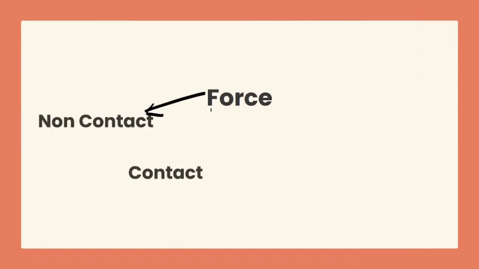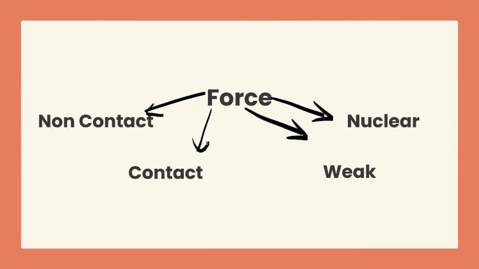Force has some types. First, we have non-contact force. Then we have contact force. Next is weak force. And the last is nuclear force. Non-contact force, as the name suggests, is when two bodies applying force on each other are not at all in contact, like gravitational force.